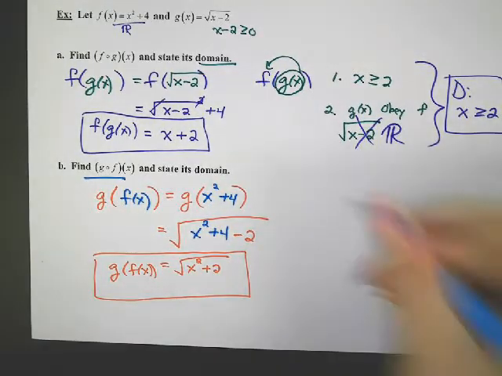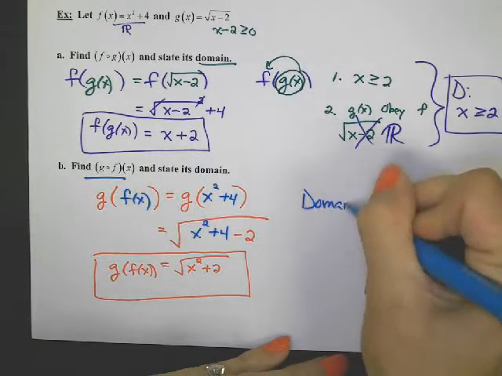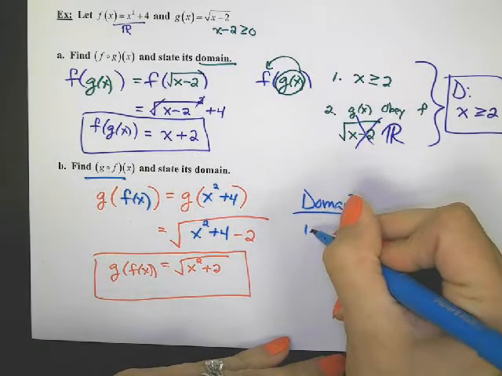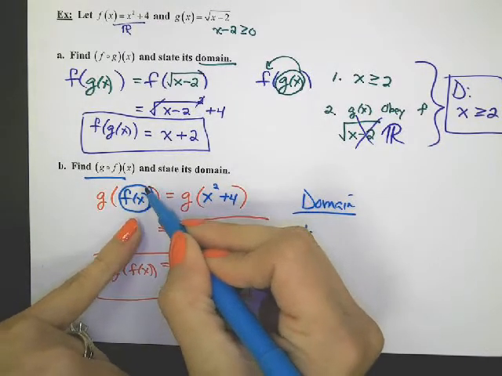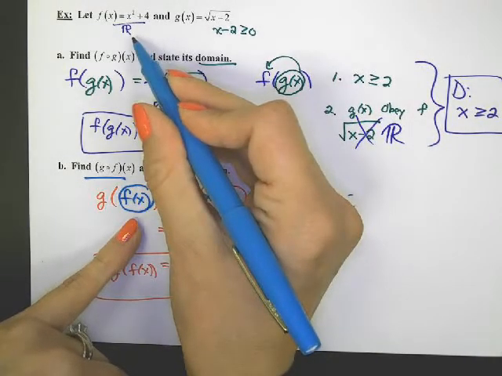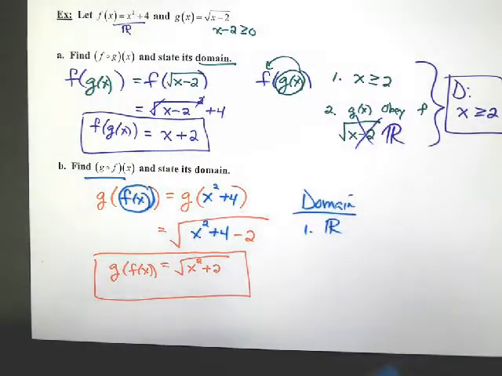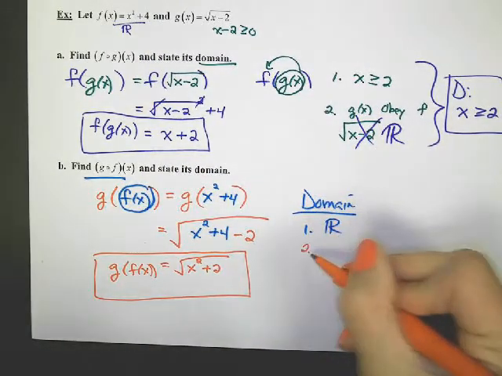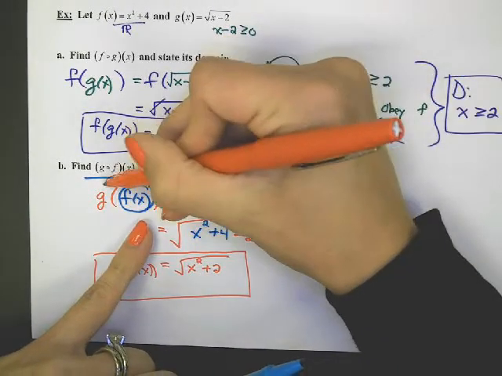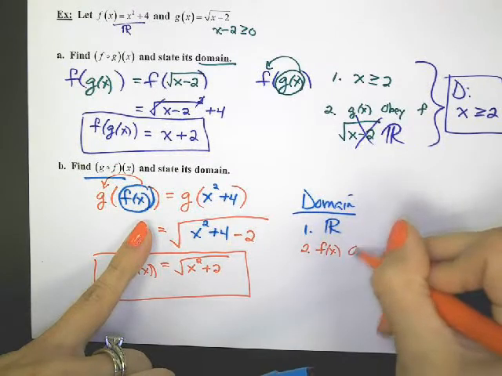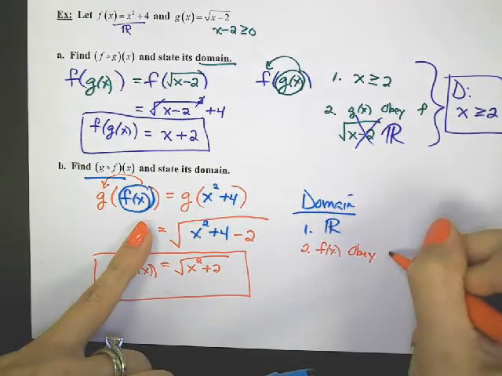Okay, now let's state the domain. Okay, step 1. We have to find the domain of the little guy. Domain of f is all reals. That's nice. Now step 2. f of x, the little guy, goes into g. f must obey g.